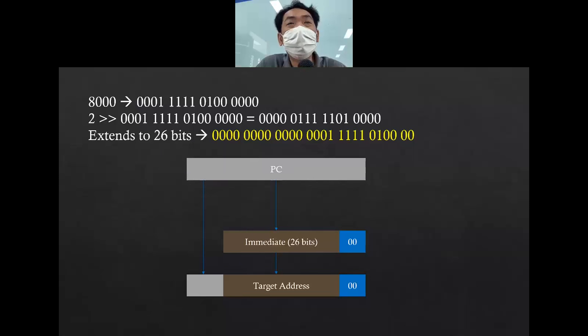We have 26 bits for the immediate, and then we shift left 2 bits, so we get 28 bits, and then we need four more bits from the program counter. We don't have to add, we just bundle them together.